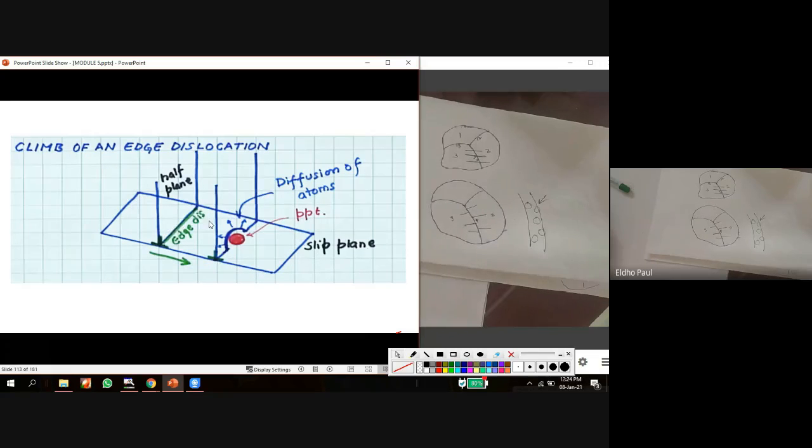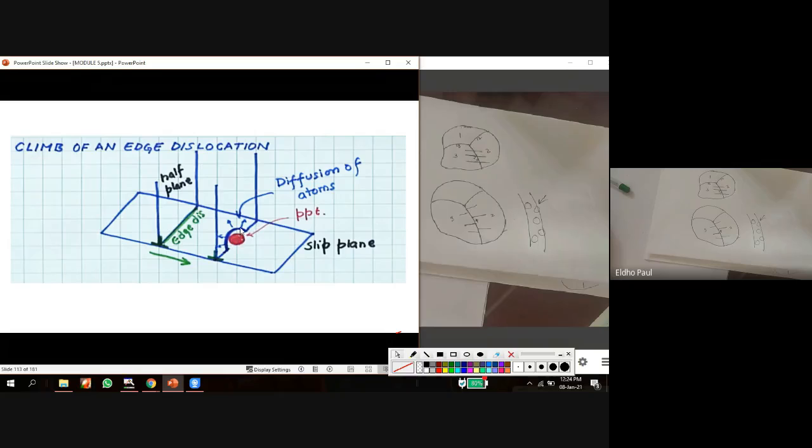When it moves in this direction, the precipitate offers restriction to the movement of this edge dislocation. Then what happens? Under high temperature, these atoms have higher energy. So the higher energy atoms climb up or climb down to overcome this precipitate restriction.